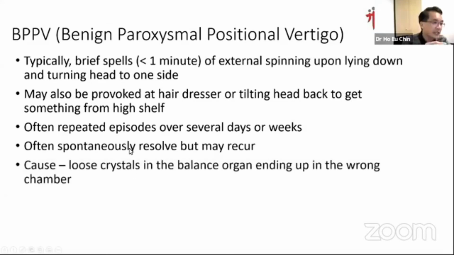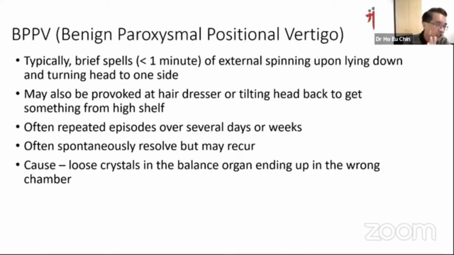Because the cause of this vertigo is due to loose crystals in the balance organ ending up in the wrong chamber. Now, whenever I explain to patients about loose crystals, they'll say, hey, doctor, how did the crystals get into my ear? So, yes, these crystals are something that you are born with. It's part of your balance organs.